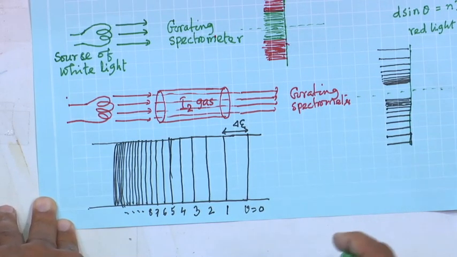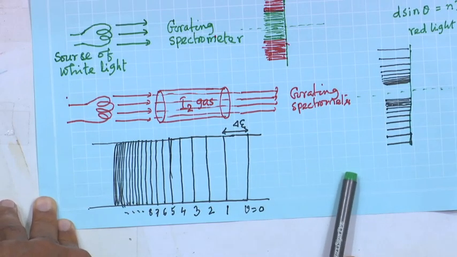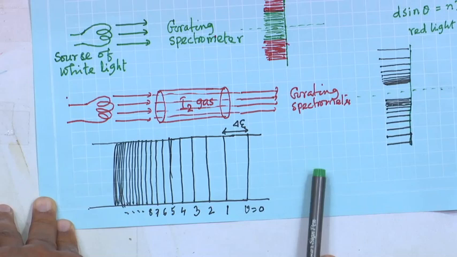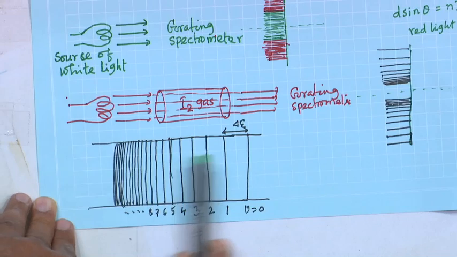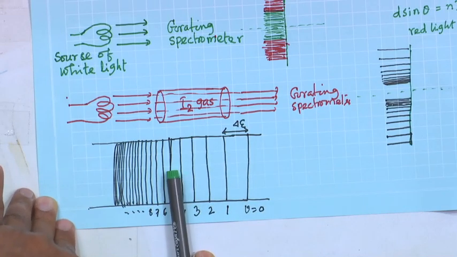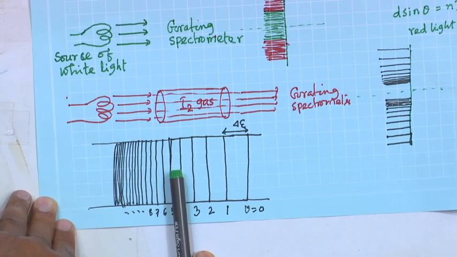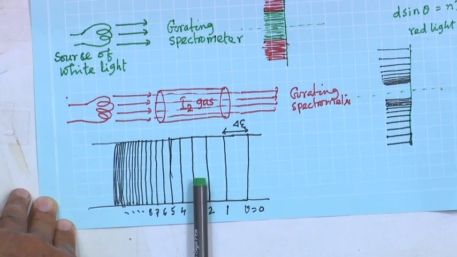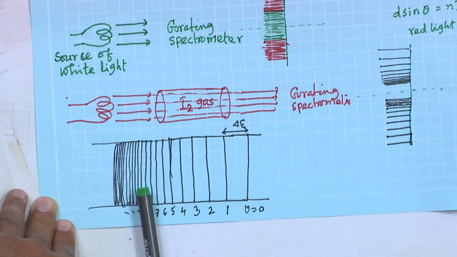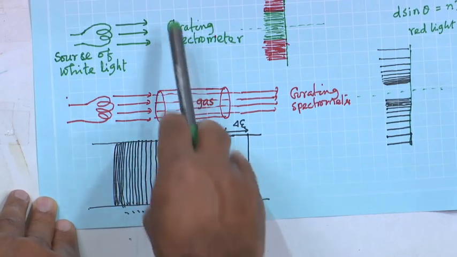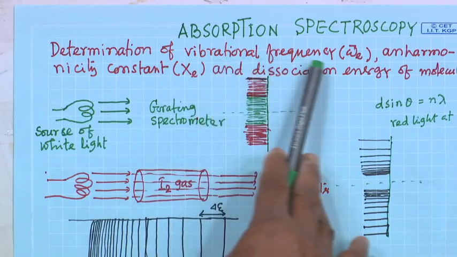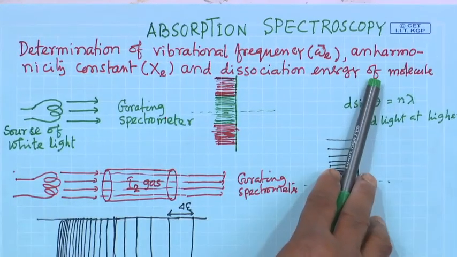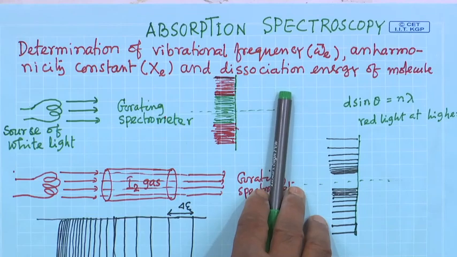This is nothing but the vibrational coarse structure. Measuring the wavelength or wave number of the spectral lines, one can determine these parameters I have shown: the vibrational frequency, the anharmonicity constant, and the dissociation energy of the molecule.